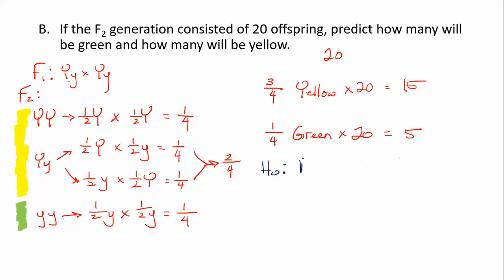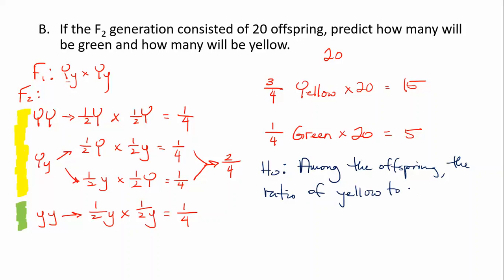So among the offspring, the ratio of yellow to green peas will be 3:1. All right, we're going to keep that in mind when we're looking at the next step in this problem.